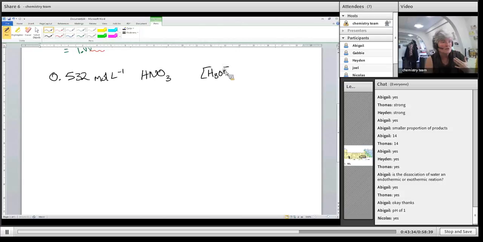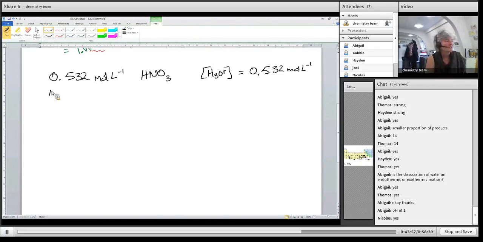And because it's a strong acid, this will dissociate completely. So I'm going to have 0.532 moles per liter of hydronium ions. It's fairly straightforward. Whatever acid you've been given, you've got the same concentration of hydronium ions.